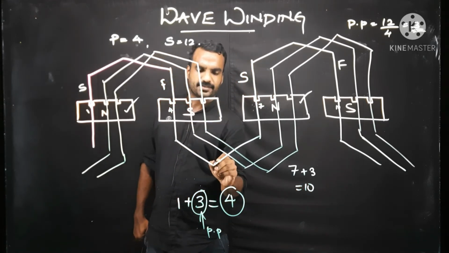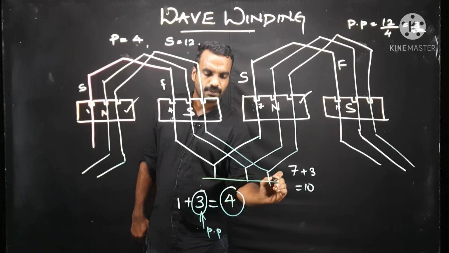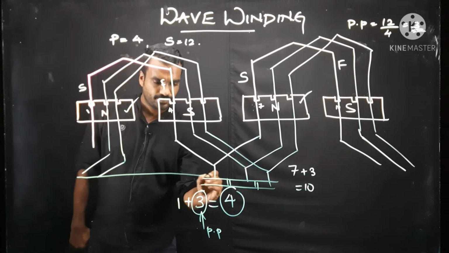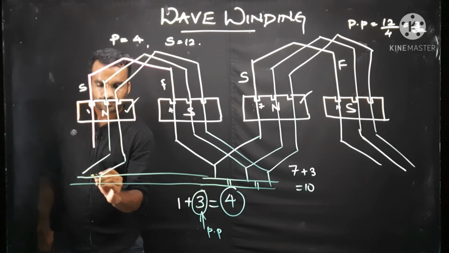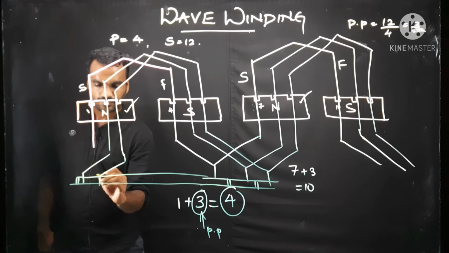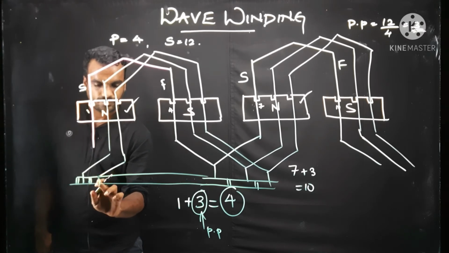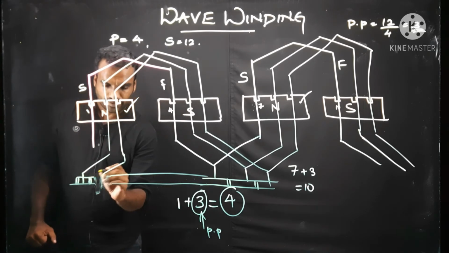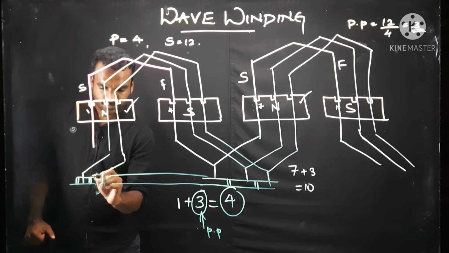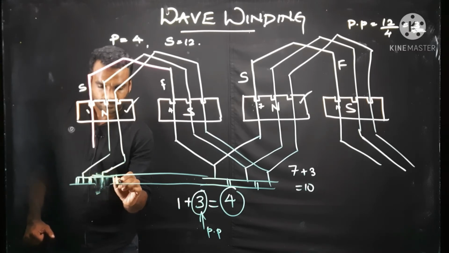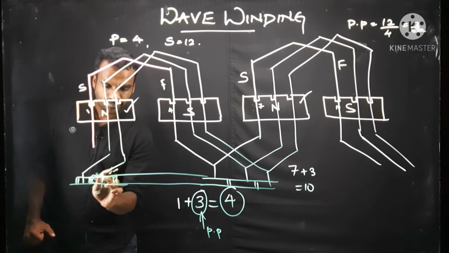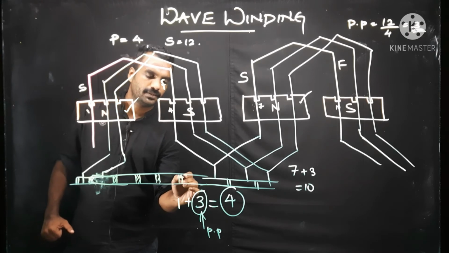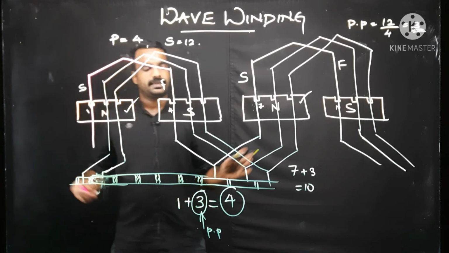And these connections will go to the commutator, where the segments will be like this.